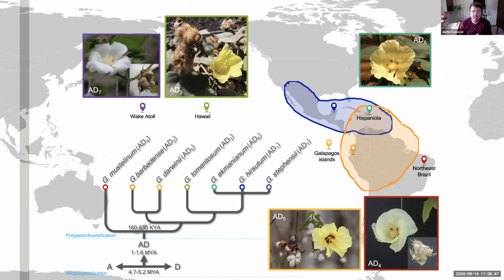So AD3 is found only in Hawaii, Gossypium tomentosum, and Gossypium stephensii, AD7, is found in the Wake Atoll. The Wake Atoll is a really, really small Air Force base in the middle of the Pacific Ocean. And this species was only recognized in 2017. So for simplicity, so you guys don't have to remember the species names, I'll just be referring to these polyploids by their AD and then the number for that.